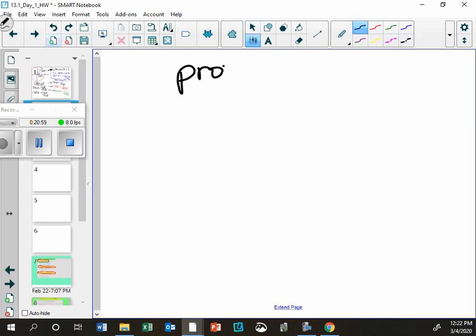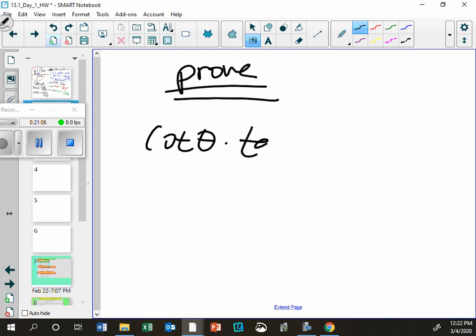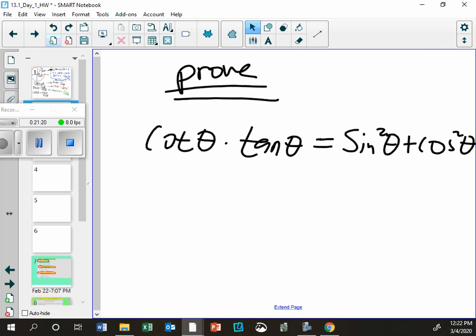Prove that cotangent squared times tangent squared is equal to sine squared plus cosine squared. Sorry, I mean squared.